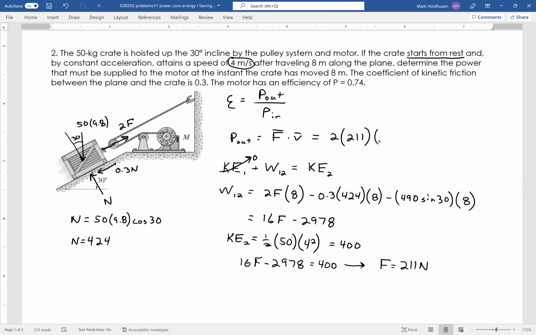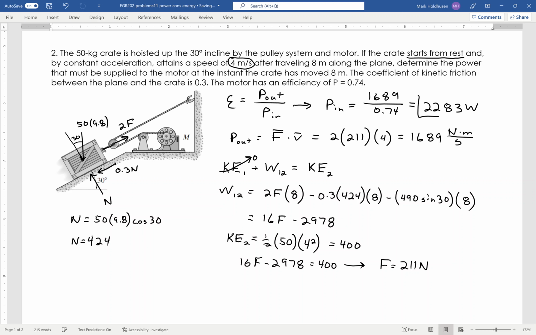That gives me the output power of 1689, and that's newton meters per second, which is watts, by the way. A newton meter per second is a watt. Now I want to find my input power, and that's going to be my output power, 1689, divided by my efficiency of 0.74. From that, I get my input power of 2283 watts.